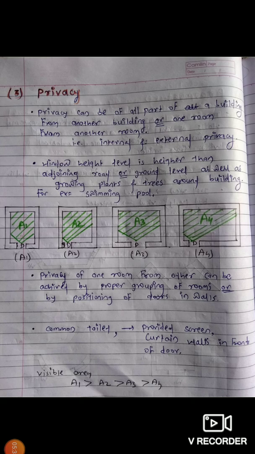Then our third building planning principle is privacy. Privacy concerns the building from other buildings, and also within the building itself. That means two types of privacy, internal and external, are achieved.